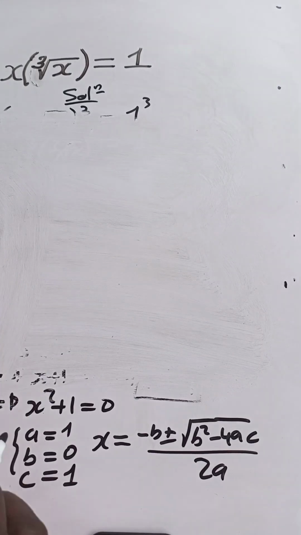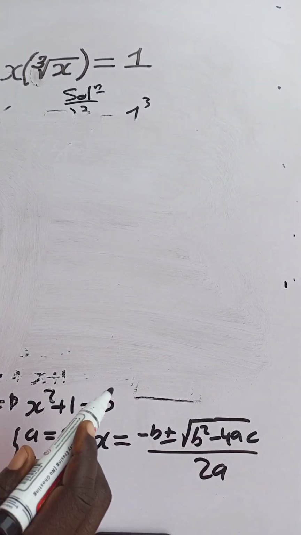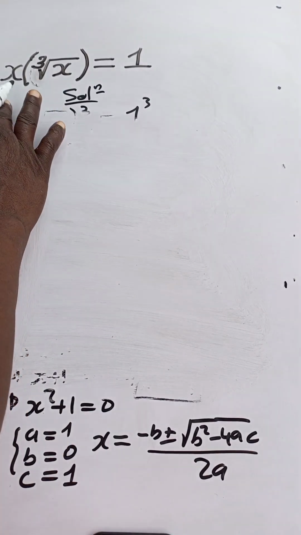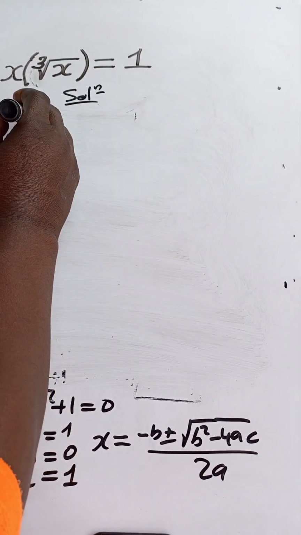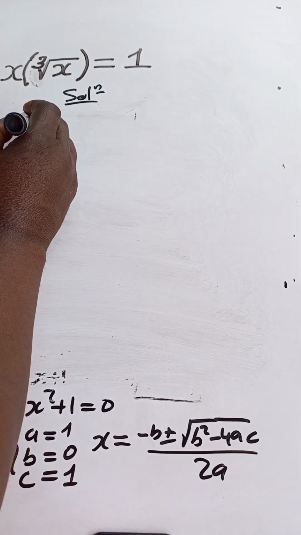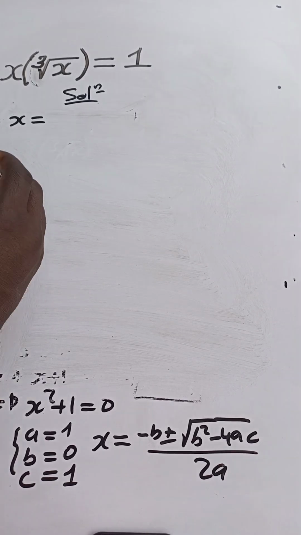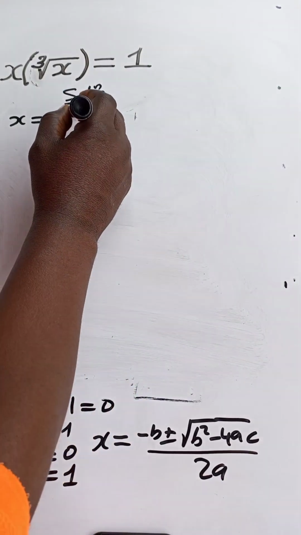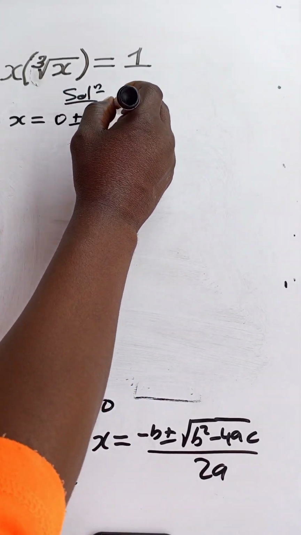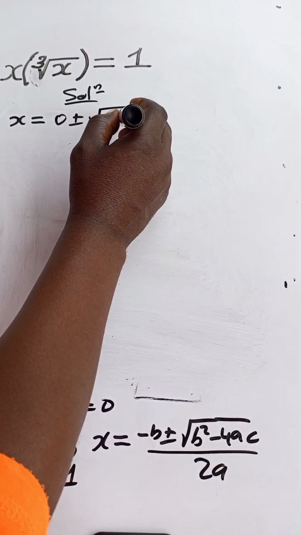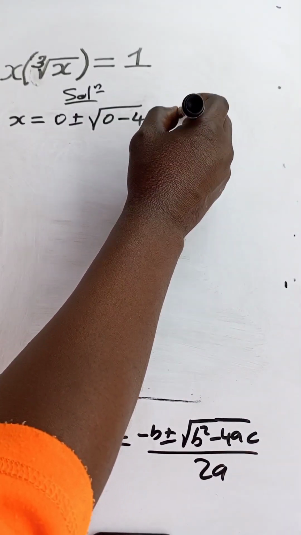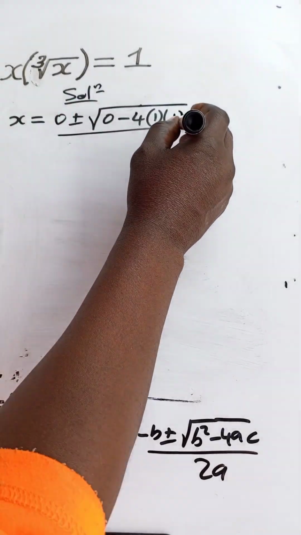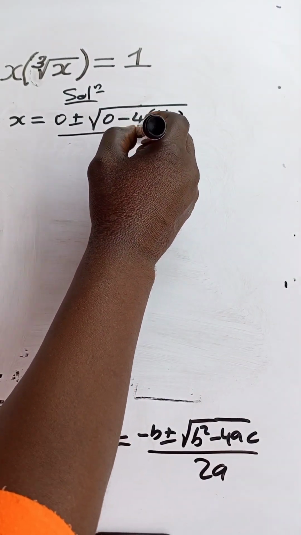Okay, so let's put this information in that formula. And so we obtain x is equal to 0 plus or minus the root of 0 minus 4ac, all over 2a.